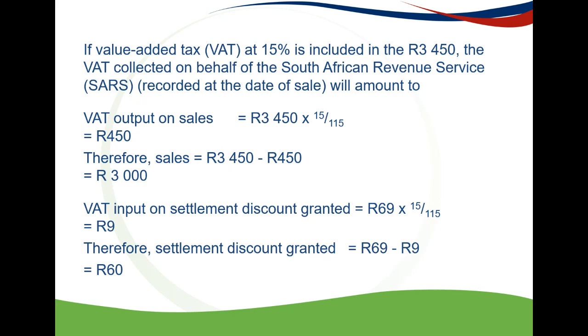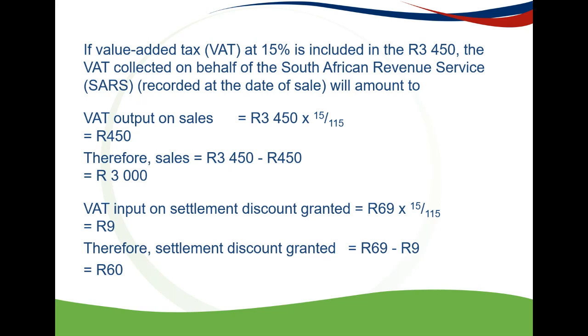So our settlement discount granted, which includes the VAT, is the 69. So I must multiply it with 15 over 115, because the reason again for the 115 is my 69 includes the VAT. So it's my VAT inclusive amount. So I must multiply it with the 15, divide with the 115, which will then give me the 9 Rand.